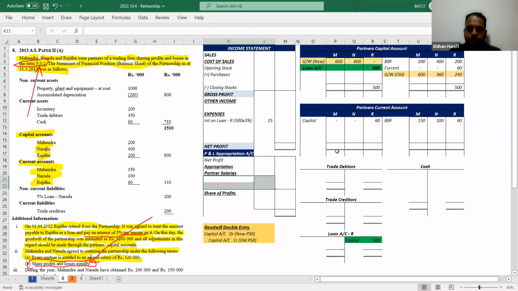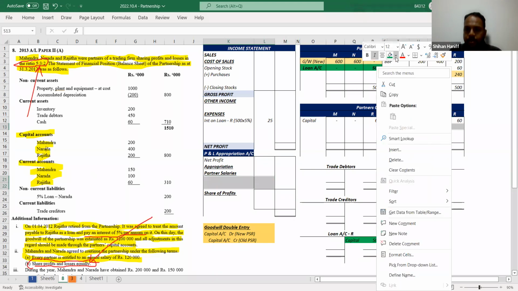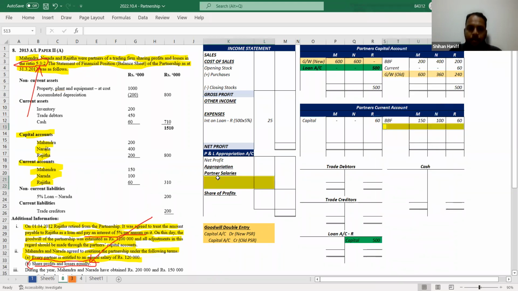So that will be debited and credited to the appropriation account and current account. Partner salaries, M and N, 120. Both 120.